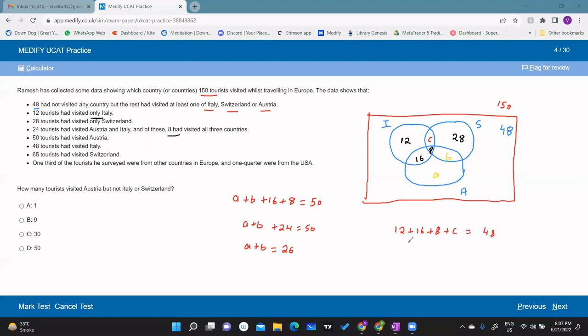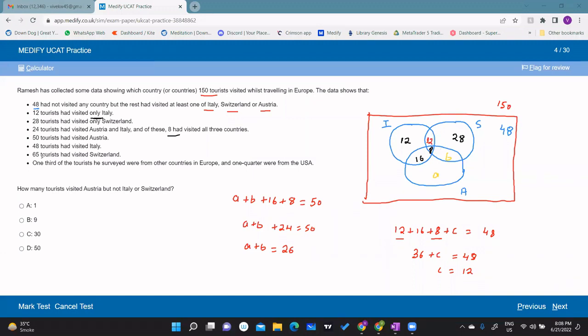From here, I can work out the value of C. 12 plus 8 is 20. 20 plus 16 is 36. 36 plus C is 48. C would be 48 minus 36, 12. So the value of C is 12. So erase this C very carefully and put a 12 there. So this number here is 12.